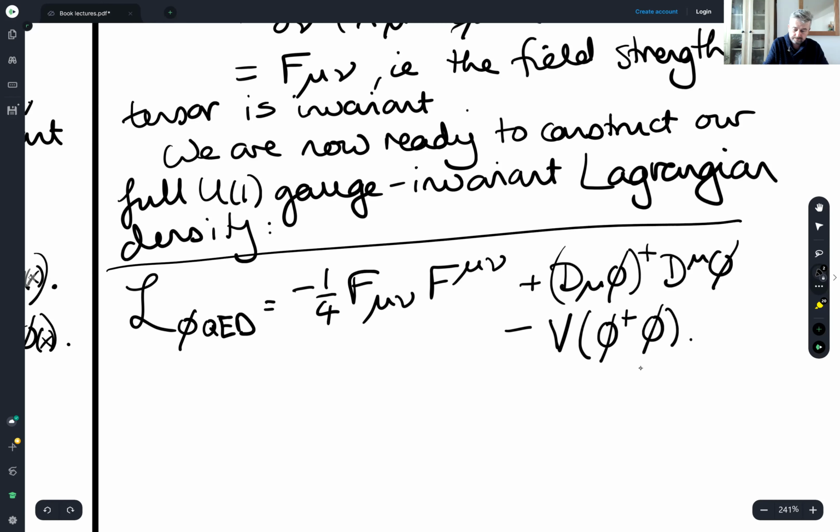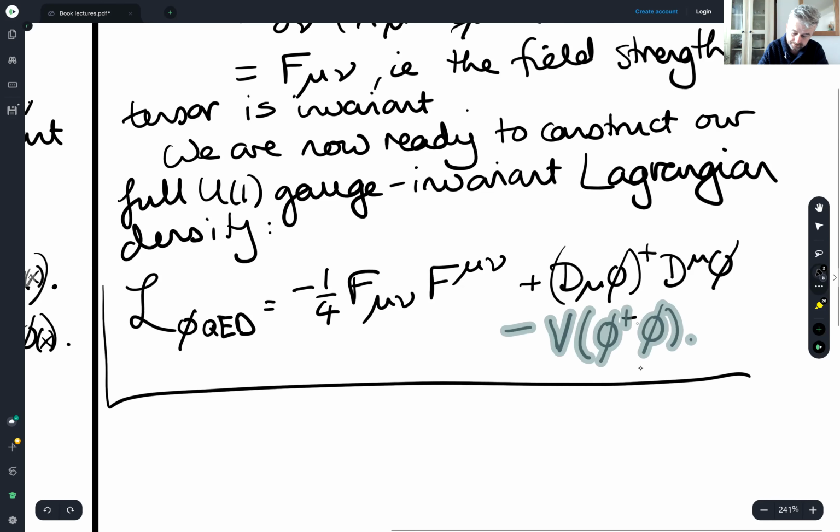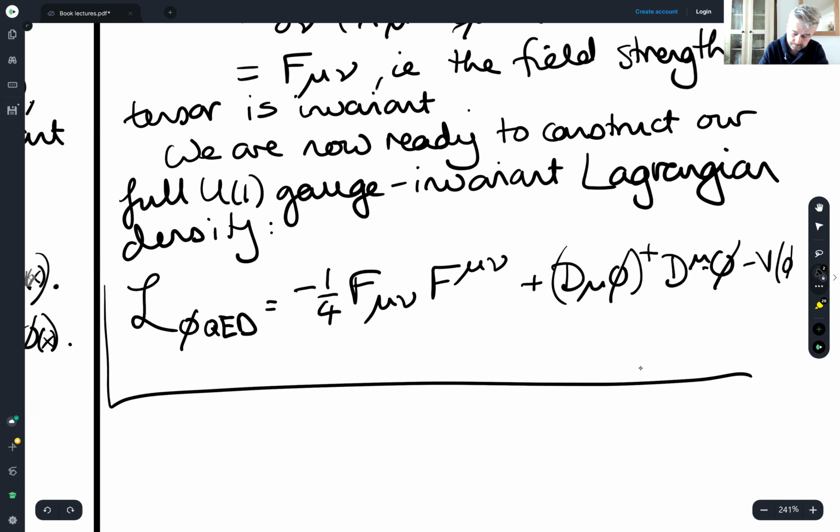Okay, so here's our 4-dimensional U(1) invariant Lagrangian. Now, maybe I'll just put the minus V here. All right, so these give us the photon.